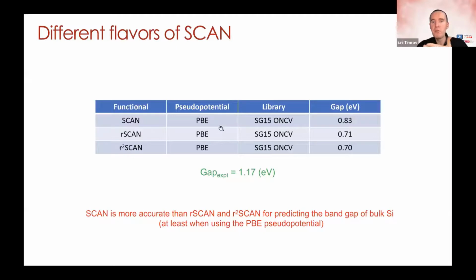So I wanted to perform a consistency comparison, and I just selected the PBE pseudopotential and changed input_dft. Surprisingly to myself, I thought r2SCAN would be the most accurate, but in practice we found that SCAN is the most accurate, while rSCAN and r2SCAN are a bit worse. I don't know why, but that's what we find.